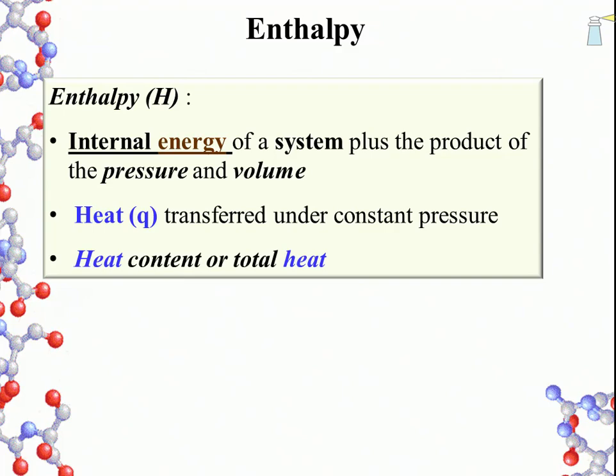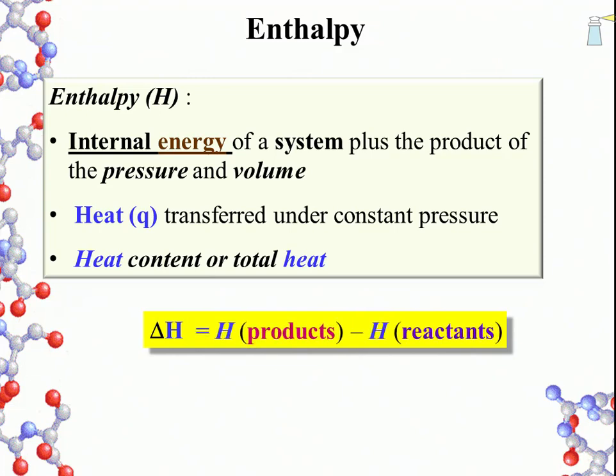As a state function, enthalpy is usually represented as a difference, or a delta H, in a chemical reaction. Delta H is equal to the enthalpy of the products minus the enthalpy of the reactants. The heat energy of the final state minus the heat energy of the initial state. This matches the process of getting a height difference in our hiking analogy.